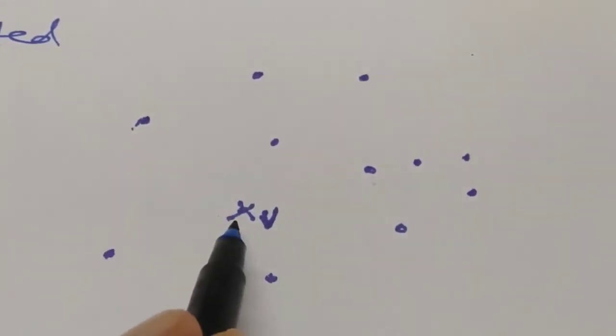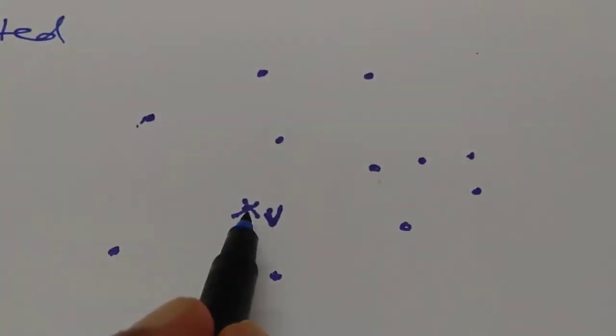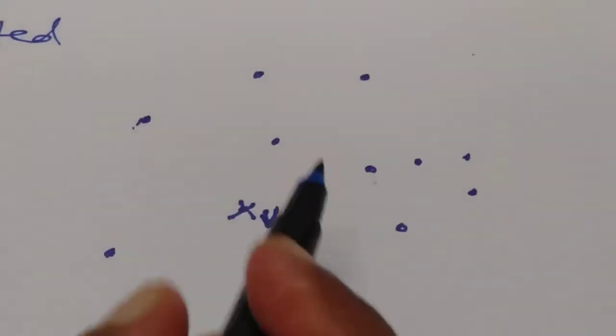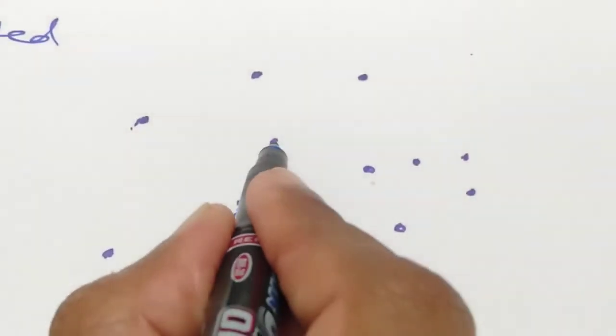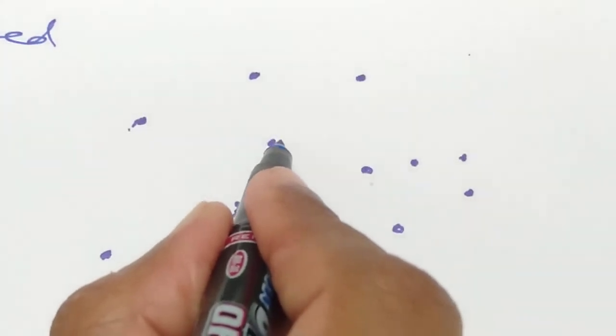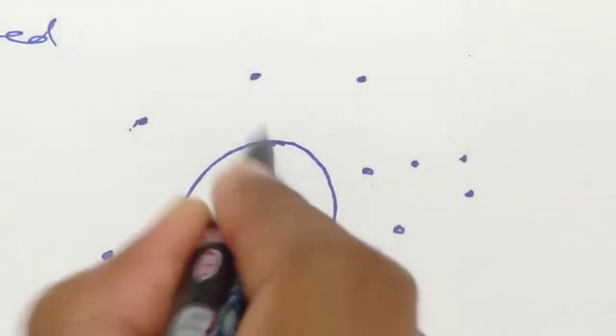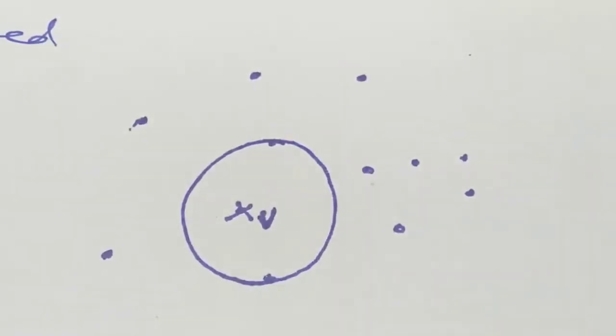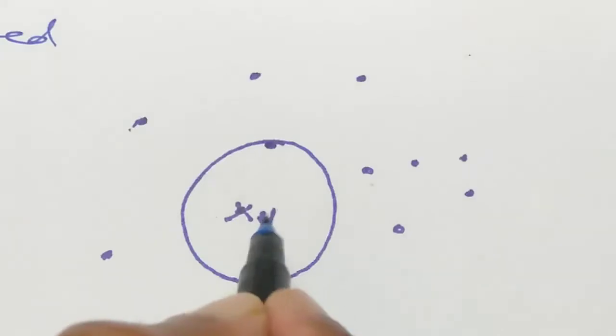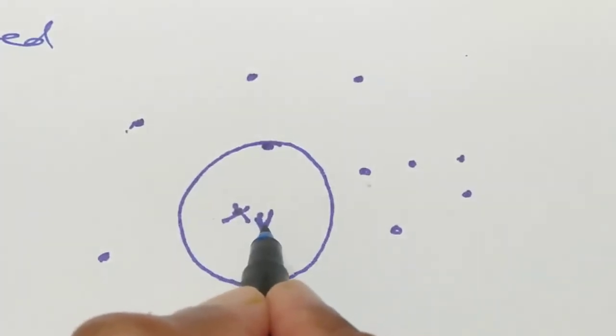Now the next step is we are going to find out whether the selected point is a core point or not. Let's assume that we have got an epsilon radius and 3 points as our min points. In this case we have 1 point here, 1 point here, and 1 point here. So this is a core object.